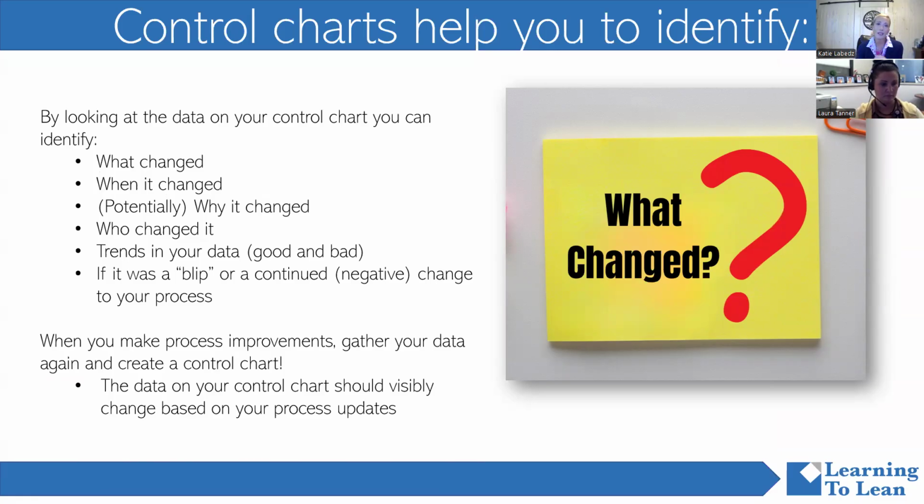When you make process improvements, you're going to gather your data again and create another control chart. So your data on your new control chart should visibly change based on your process updates. That's the cool part of this, that we can make changes and immediately see those changes reflected in our data and on our control charts. So it's a very, very powerful tool.